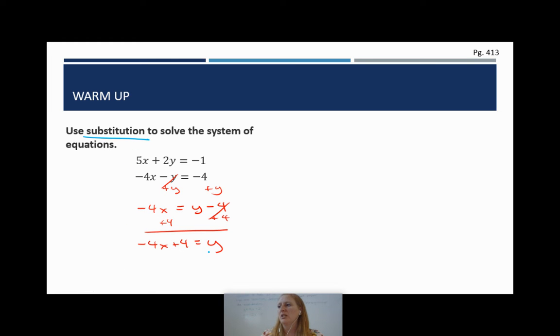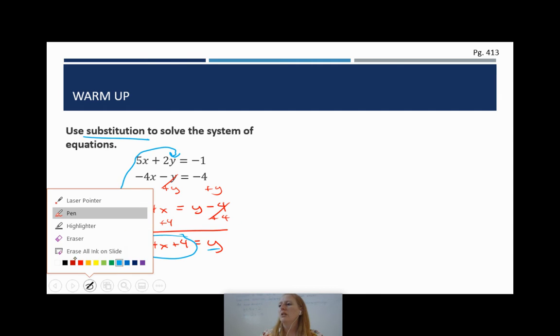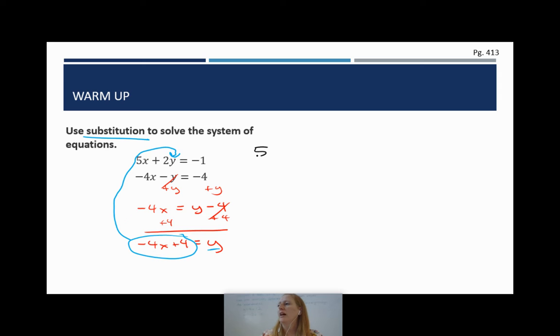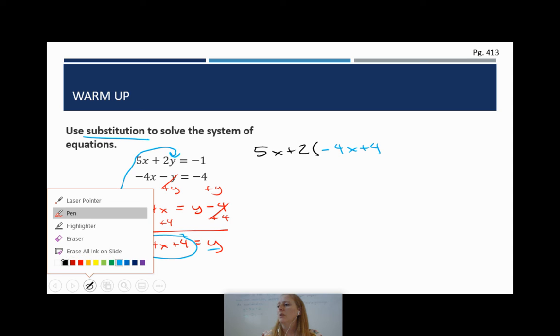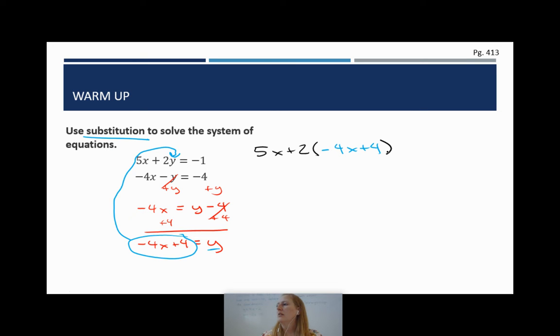I do use substitution. So everywhere I see a y, I can substitute in -4x plus 4. Since I used the second equation, I'm going to plug it into the first one. We've got 5x plus 2 times, instead of y, we're going to put in -4x plus 4, equals -1.